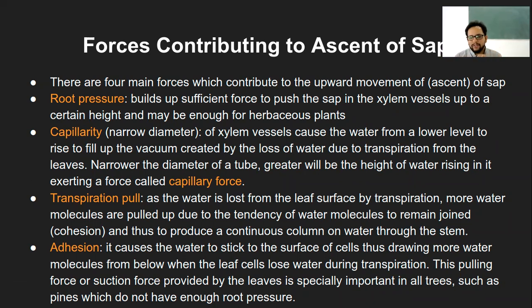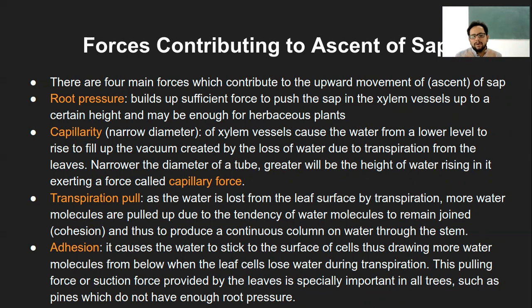So there is root pressure, which builds a pressure due to more absorption of water. Capillarity, due to the capillary action, that is the narrow diameter of the xylem vessel, water moves upward. Transpiration pull: transpiration keeps on happening, suction force is generated, and then the water gets pulled up, and that keeps the cohesive forces intact.